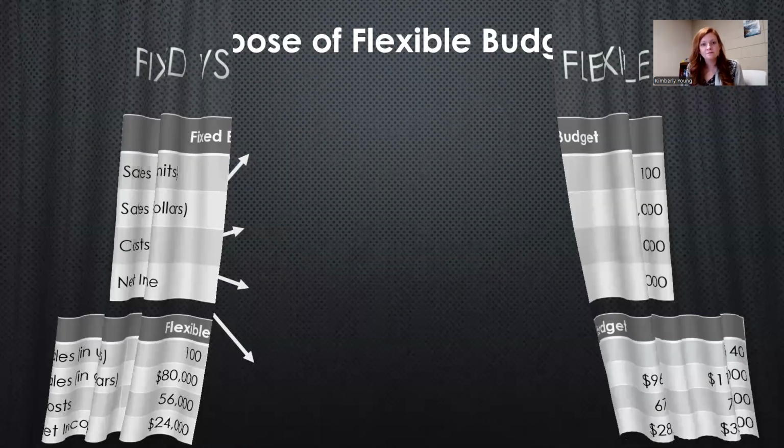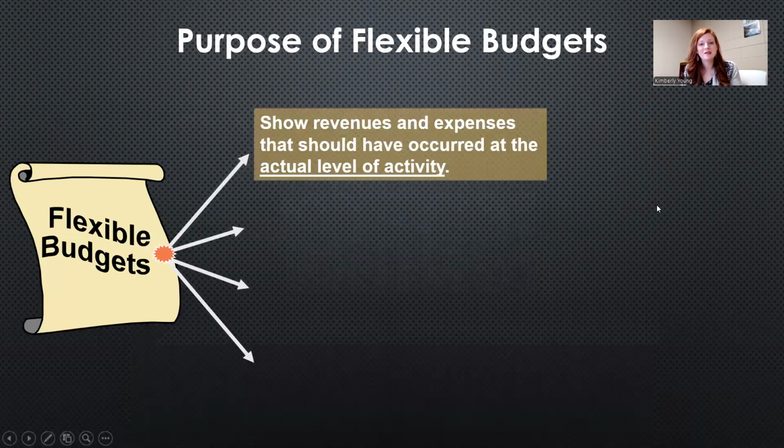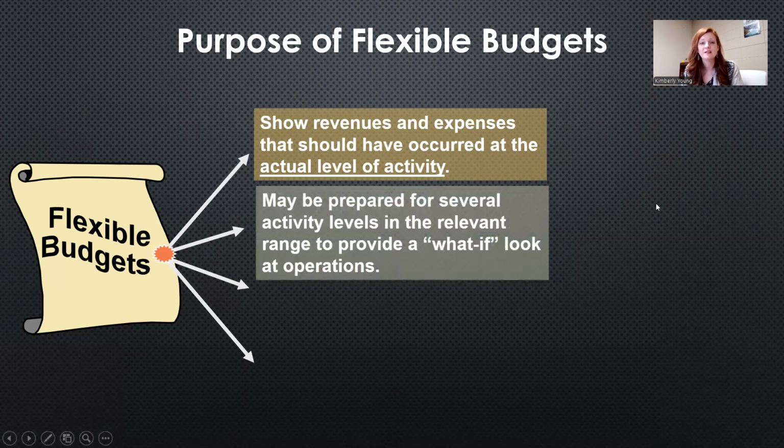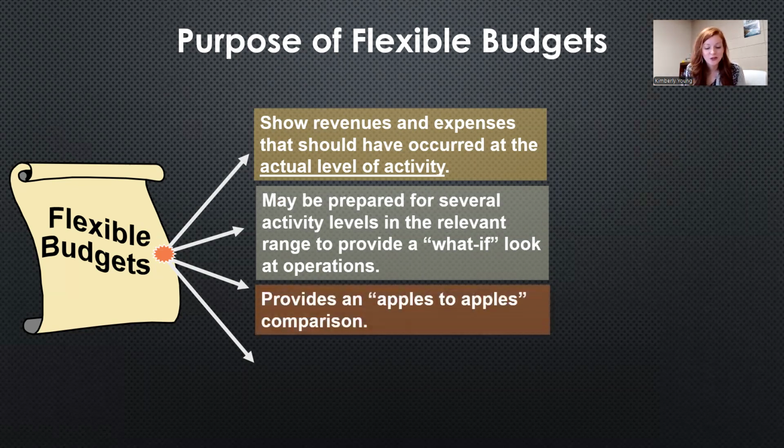So the purpose of a flexible budget, we want to show those revenues and expenses at multiple levels of activity, and that will help us to compare it to the actual level of activity. And we're going to see this in multiple examples. So it shows what if we sold 100 or 120 or 140, what if we did that?